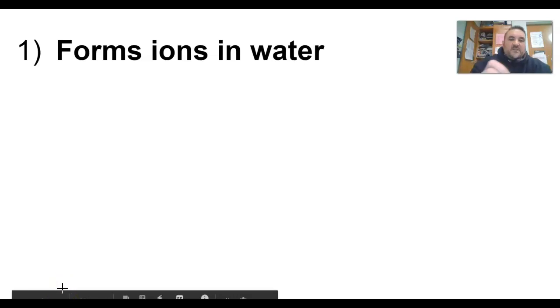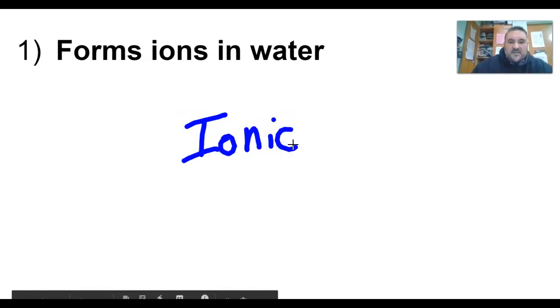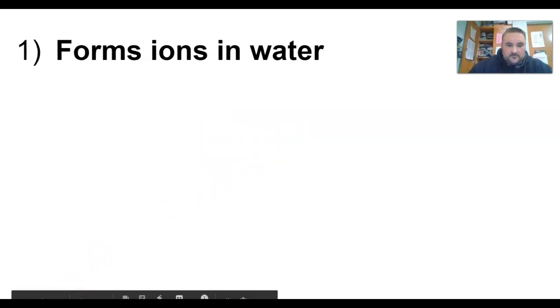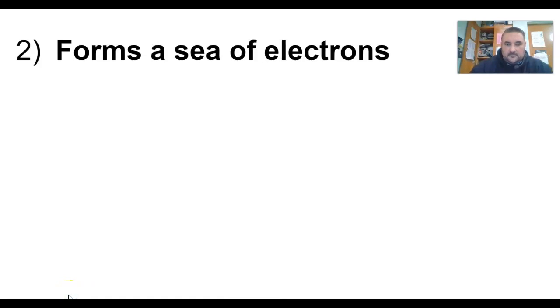So if it forms ions in water, what is it? That's an ionic bond. Forms a sea of electrons. Did you guess it?